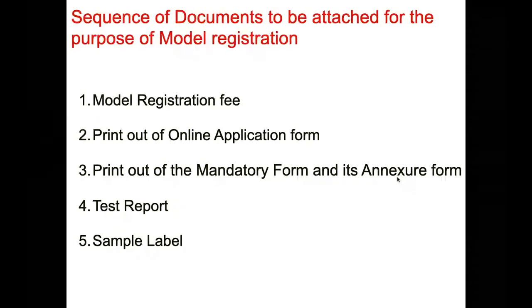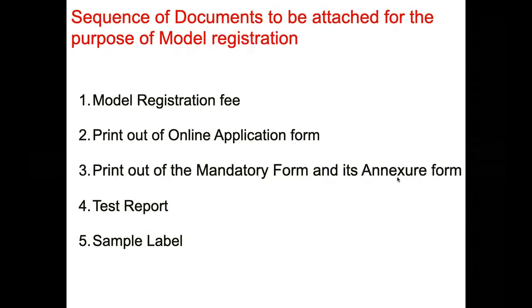After that, the test report, properly signed and stamped with the company seal. Here, from an NABL accredited lab, the rated value must be declared in the test report. In-house test lab reports are accepted provided the lab is accredited by NABL.